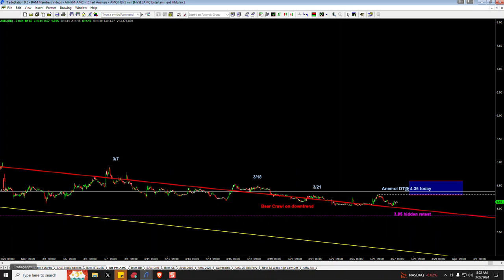So if price can move up through this Nemoy daily trigger at $4.36, it would also be the first time in this entire long sequence of price action against this downtrend line where the stock could move up and arguably break out of the downtrend, or a basing pattern in this case. So that's why it's a big deal.